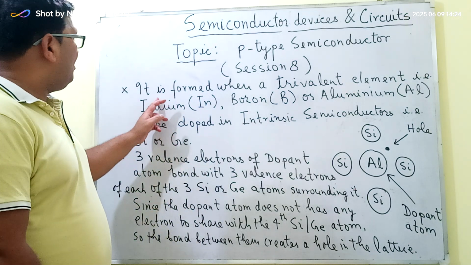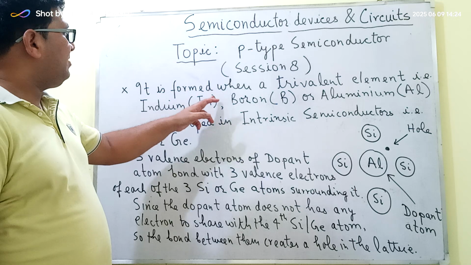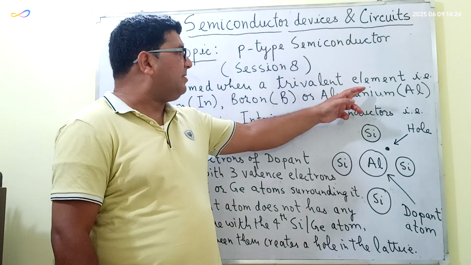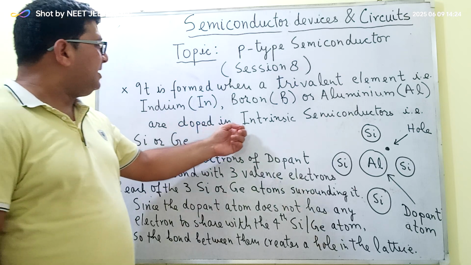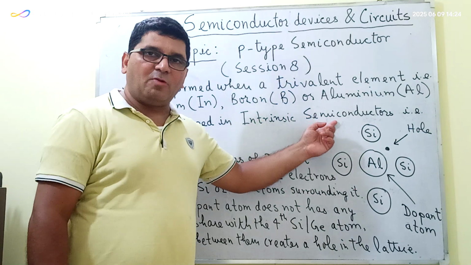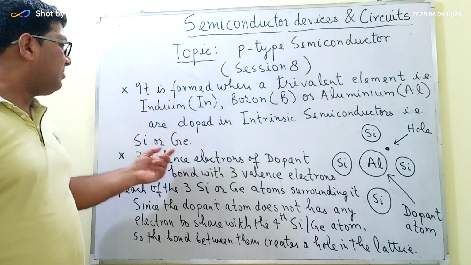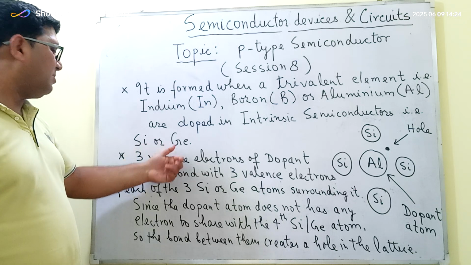The commonly used intrinsic semiconductors are silicon and germanium.